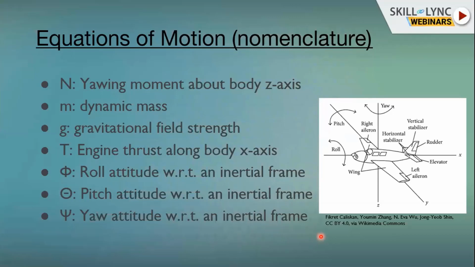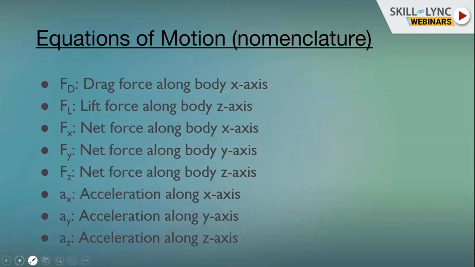So the gyros and the kinematic equations keep track of those attitudes throughout the flight. Continuing on, F sub D stands for drag force, F sub L is the lift force, Fx, Fy, Fz we talked about. The Ax, Ay, Az are the accelerations.